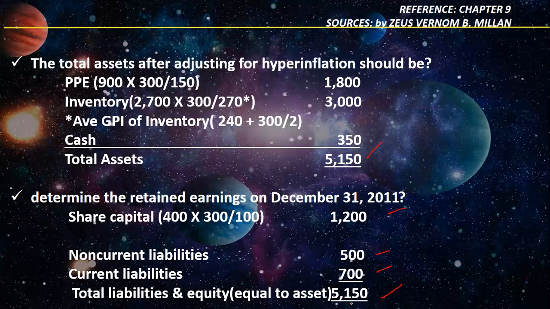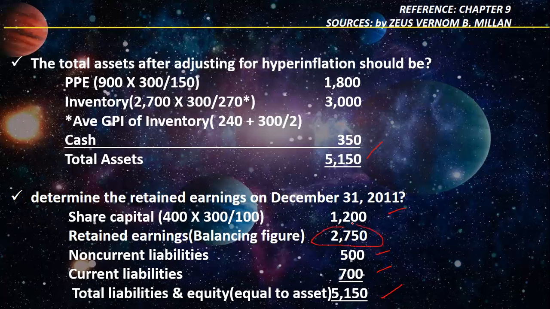So what is lacking is the retained earnings. The balancing figure is 2,750 retained earnings. So this is the foreign currency amount.